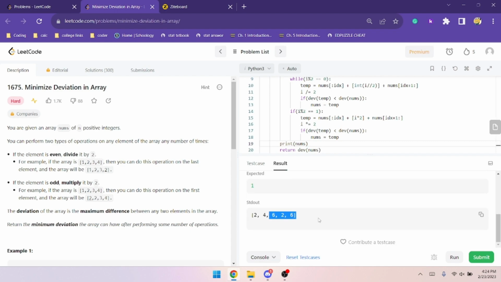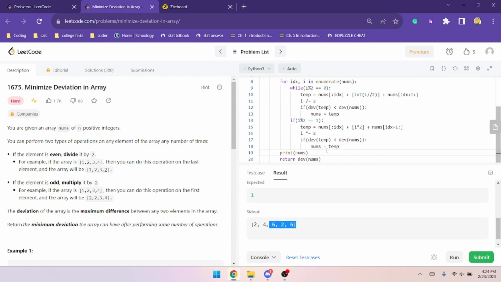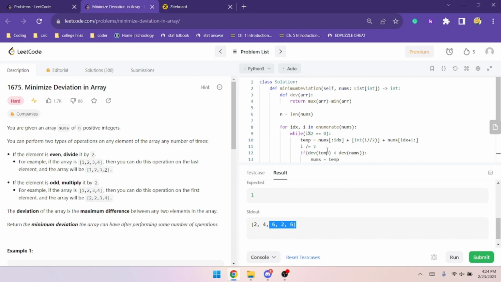Okay, no matter what, we've encountered a slight issue here. It's that we don't know which one to make better at any given time.